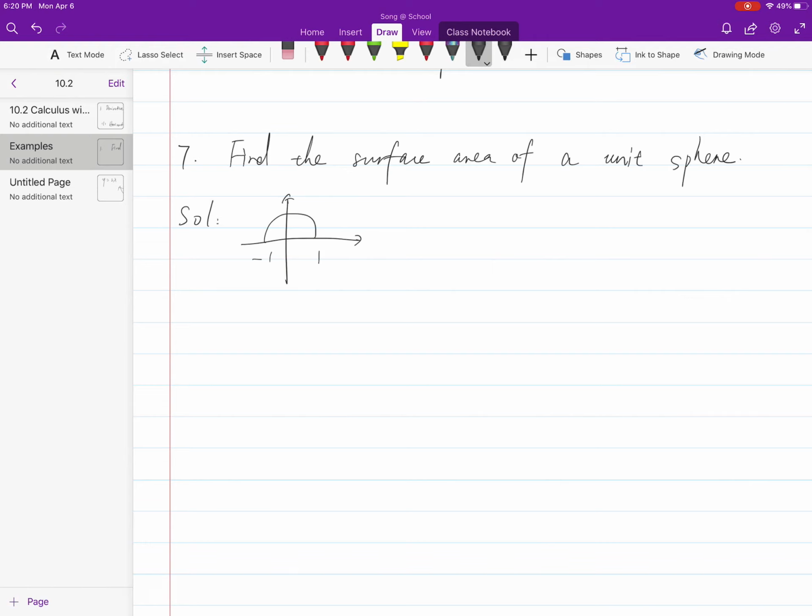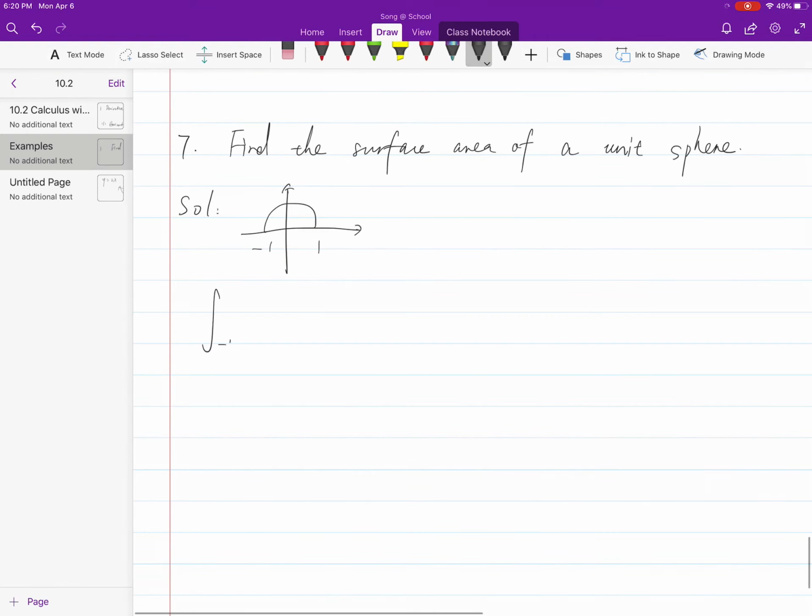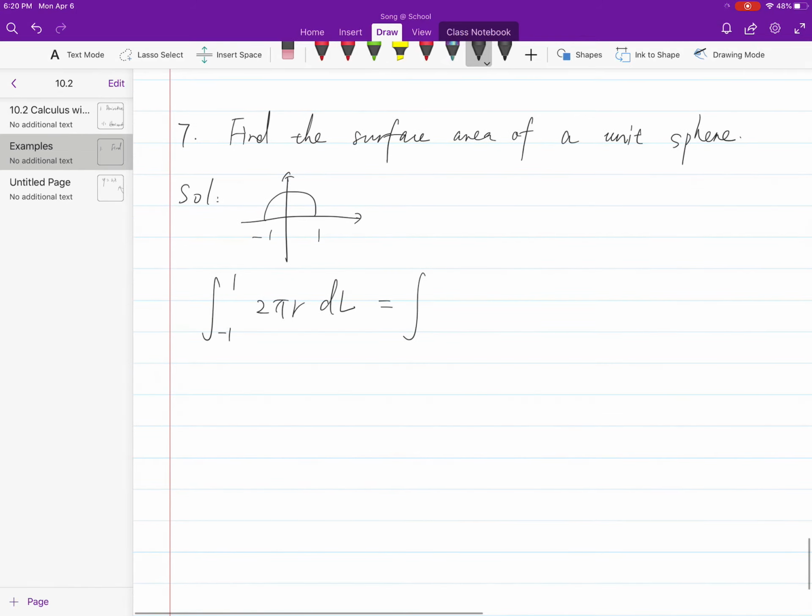Volume of revolution, surface area by revolution, right? So we better just take this one. Now think about the formula from -1 to 1, 2 pi r dl, if you use dx before.